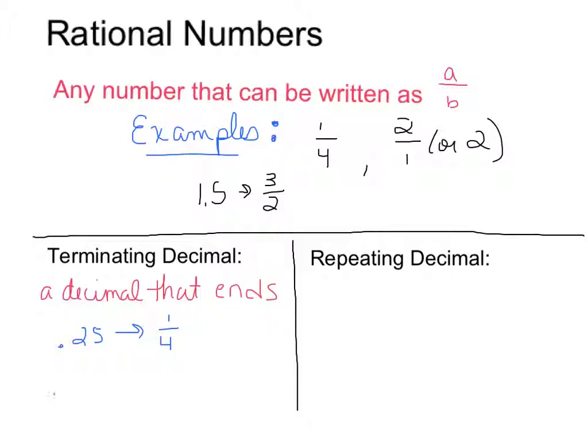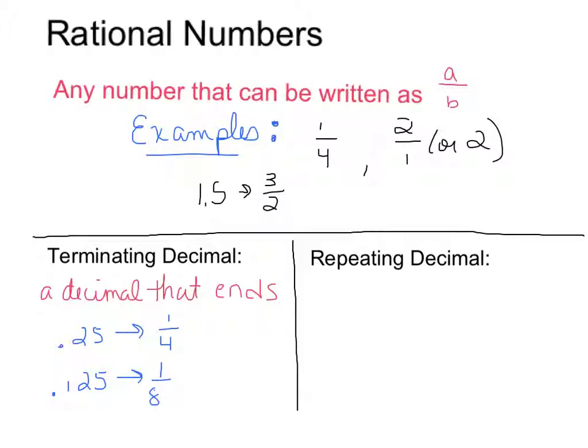I could do 0.125, which would be a terminating decimal, and this would also be rational because 0.125 is the fraction 1/8. So a terminating decimal is just a decimal that comes to a conclusion.